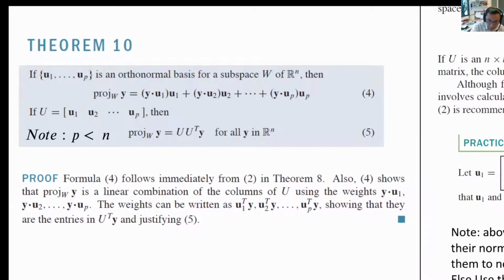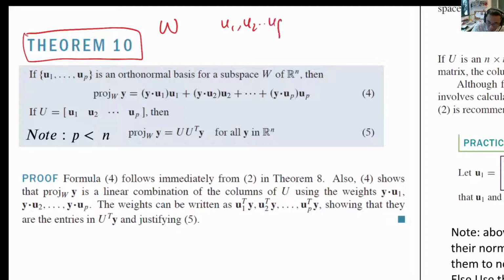We now introduce theorem 10. In theorem 10, our basis is still u1, u2 up to up. However, this time u1 is not only orthogonal, it is orthonormal.